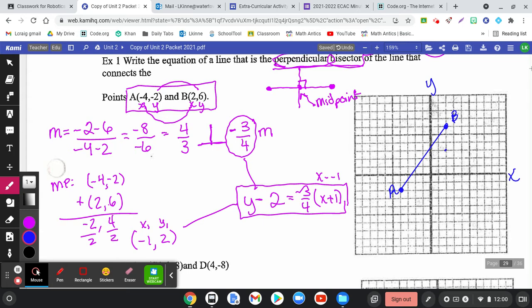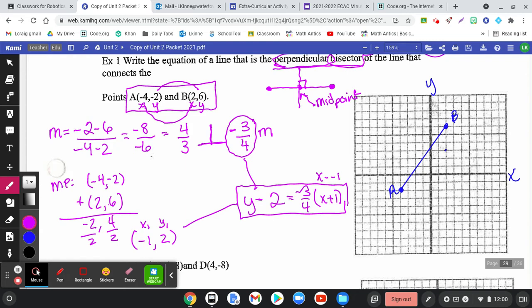Okay, so again, you could do this instead of algebraic. It's not bad to know both ways, so you can check yourself. If you wanted to find the midpoint, you could find it here like we did, or you could count how far up and over you go.